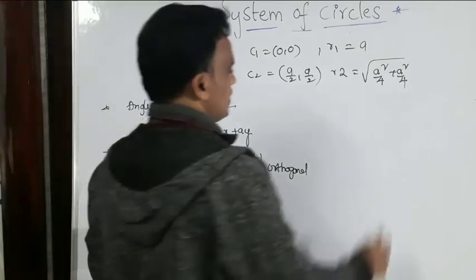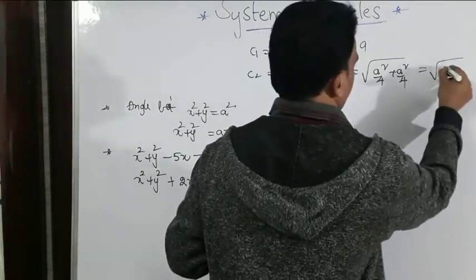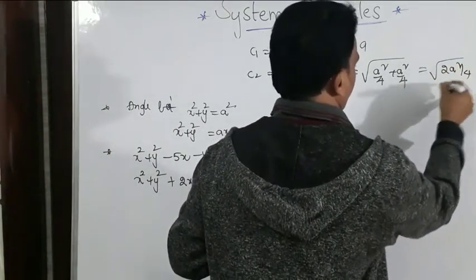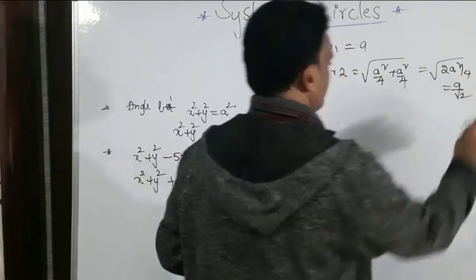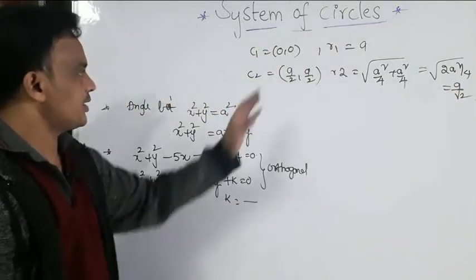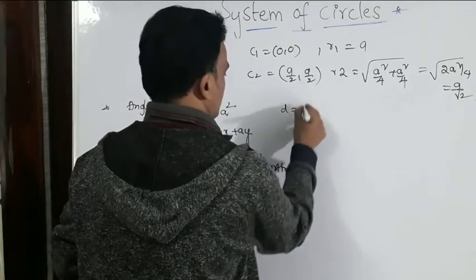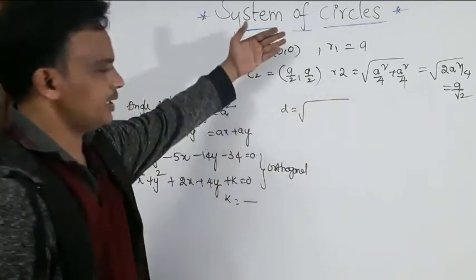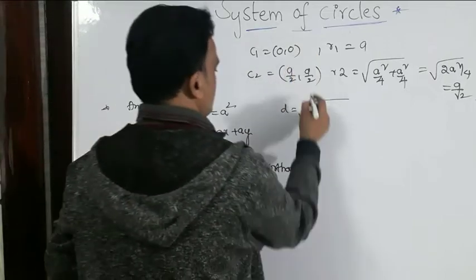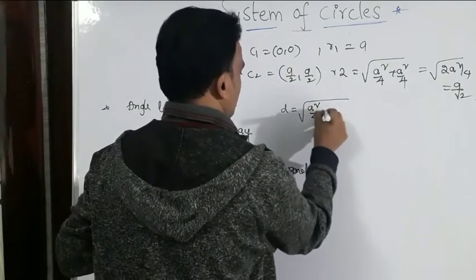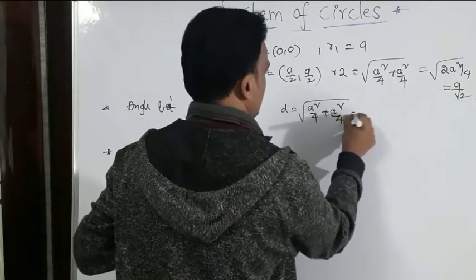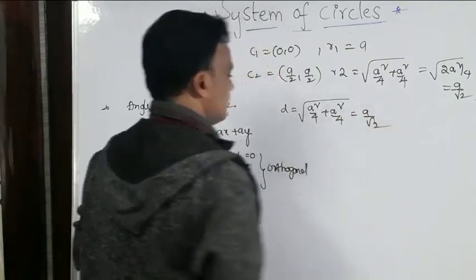So, 2 times a square by 4, which is a by root 2. Yes, that is the radius of the second circle. Then what is the distance between them? d is the square root of (x2 minus x1) whole square plus (y2 minus y1) whole square, which is a square by 4 plus a square by 4, so it is a by root 2.